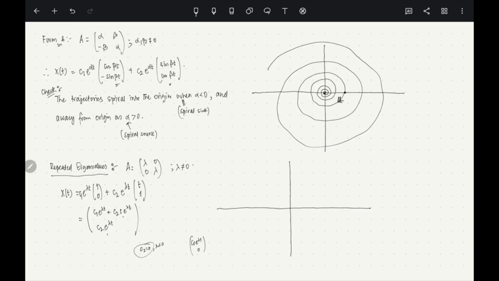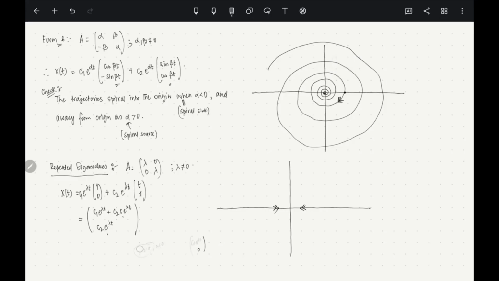Depending on C1, you can draw the trajectories, and since lambda is negative, I'm assuming, that will push the trajectories towards the origin. For lambda negative, I'm just drawing one part. I hope this is clear.